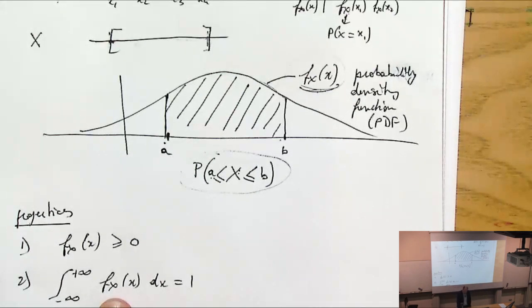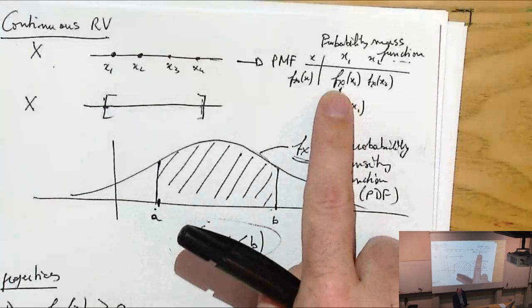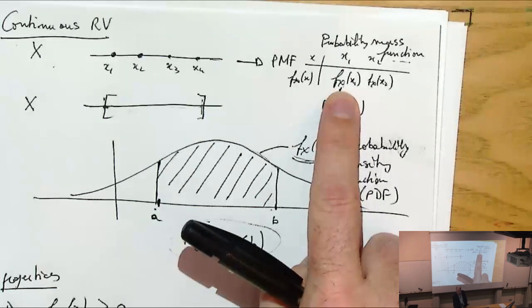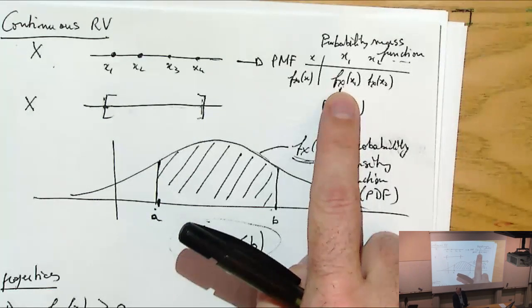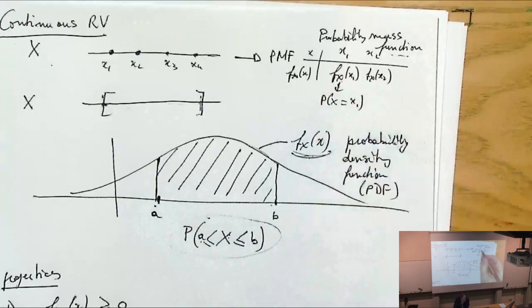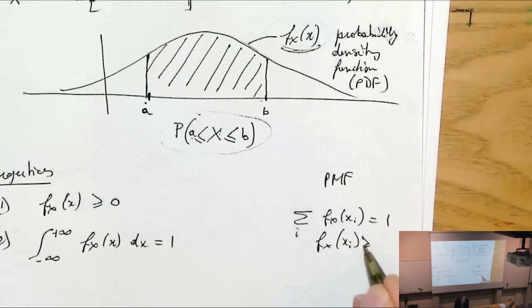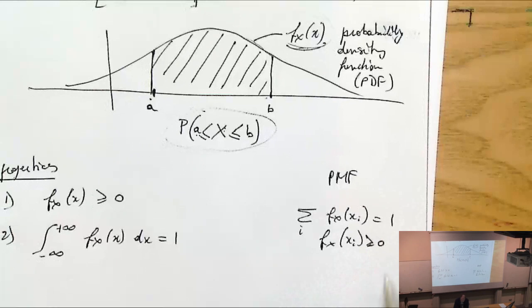Now, in the discrete case, the sum of those f of x was equal to 1. That means each of those f of x was smaller than 1. With the PMF, the sum is equal to 1 and each term is positive, which means each of those fx of xi is smaller or equal to 1.